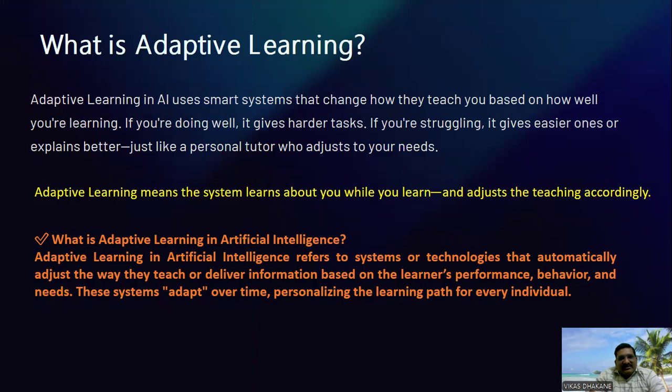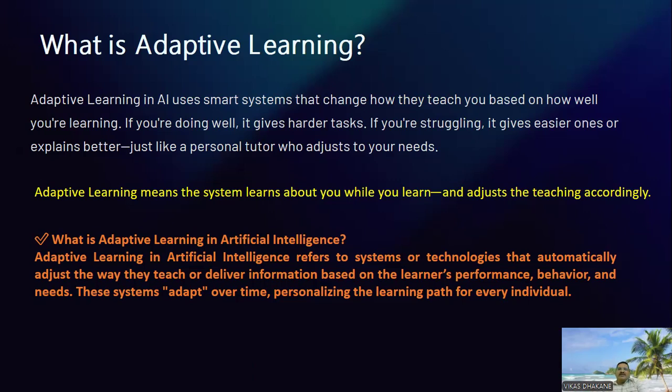As we have discussed, adaptive learning in artificial intelligence uses smart systems that change how they teach you based on how well you are learning. If you are doing well, it gives you harder tasks.